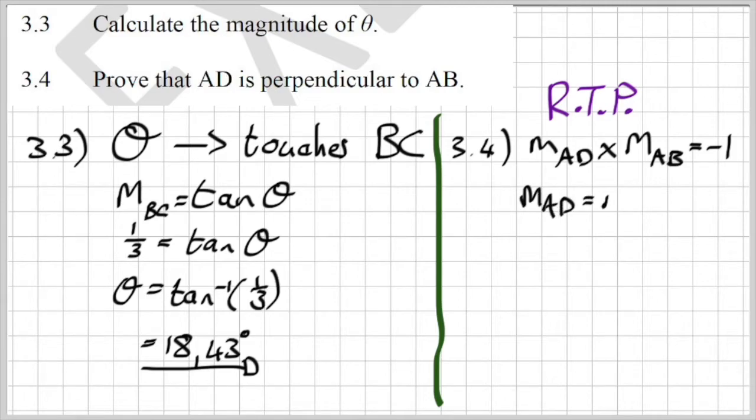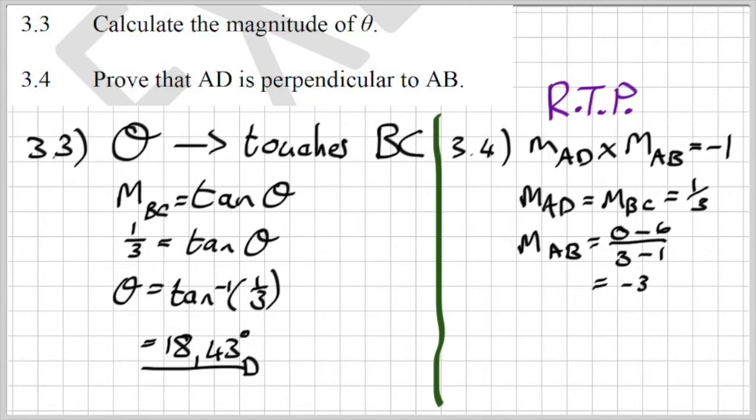Well, I know that the gradient of AD is the same as the gradient of BC. That is 1/3. But now I need to calculate the gradient of AB. So I'm going to again use my formula of y2 minus y1 over x2 minus x1, and I get a gradient of -3.